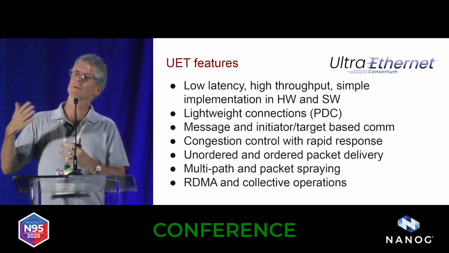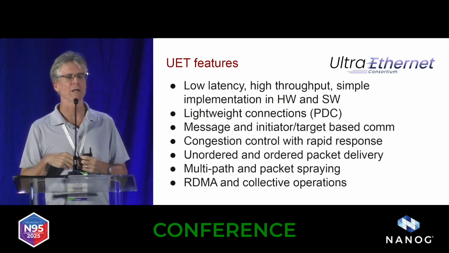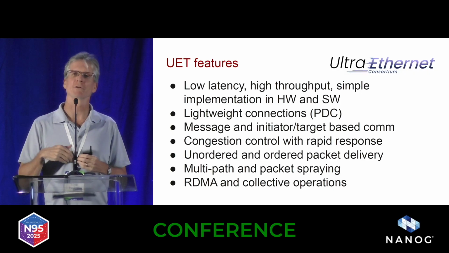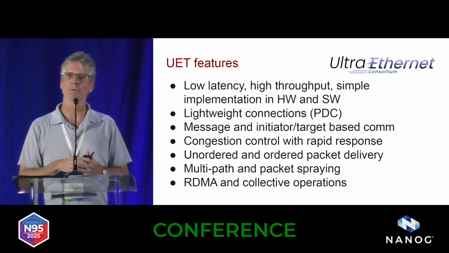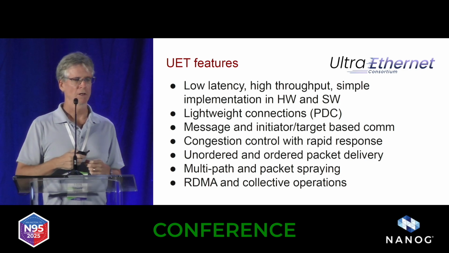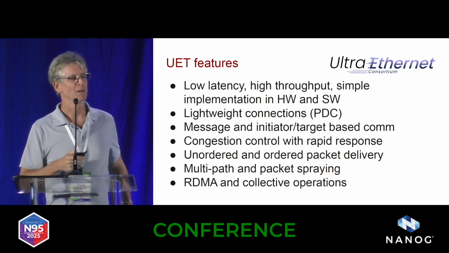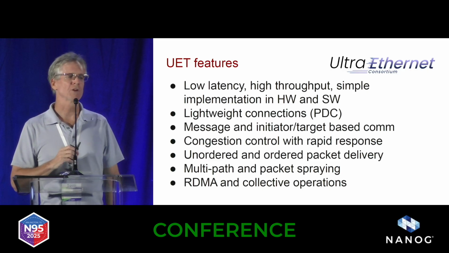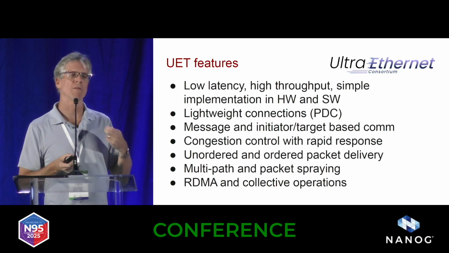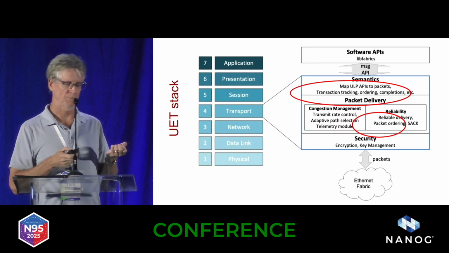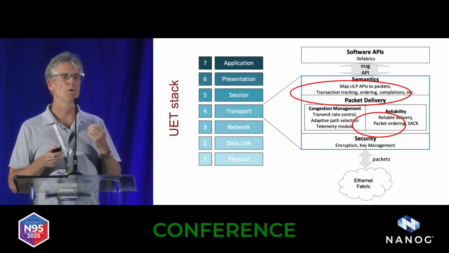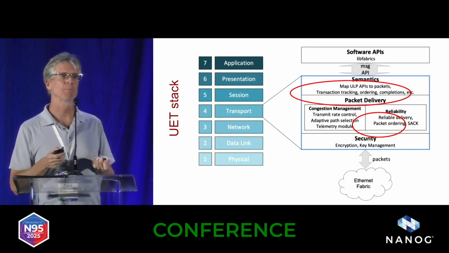On top of everything, we do want to implement RDMA, collective operations. Those are straight out of the AI world, but this will also be applied for other HPC type applications. One thing I would mention is UET in particular will be run over UDP.